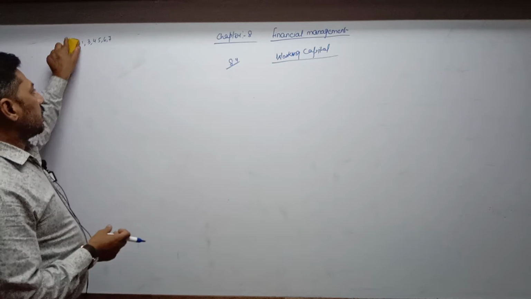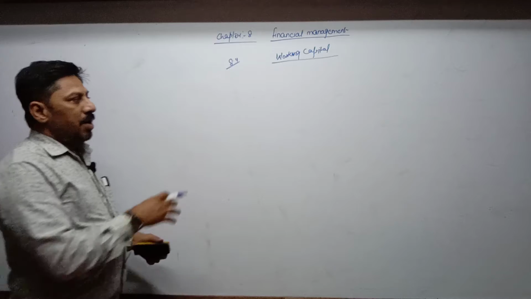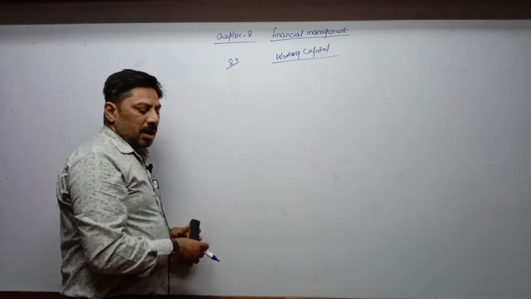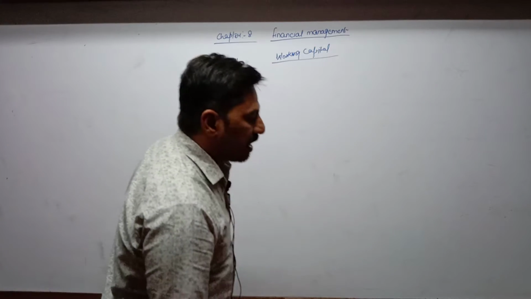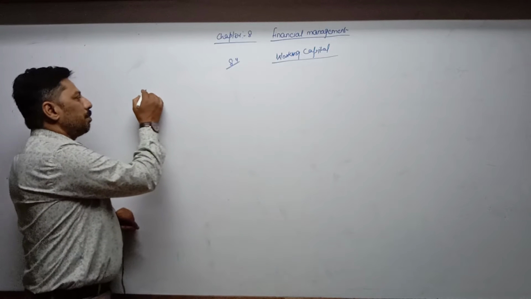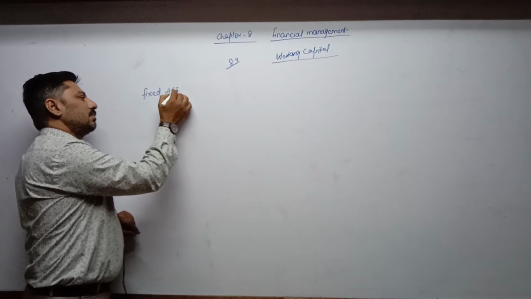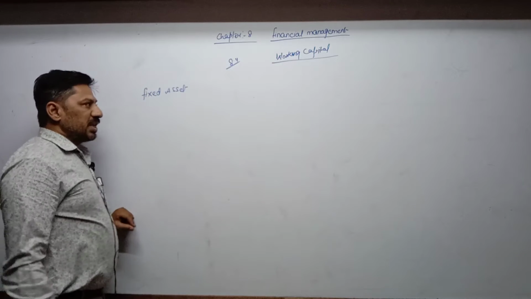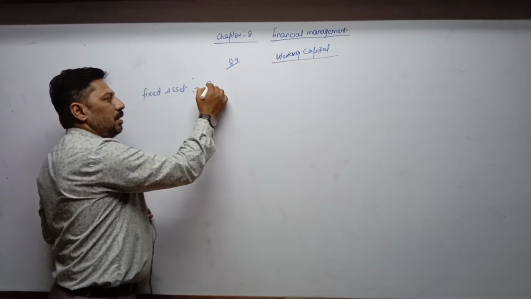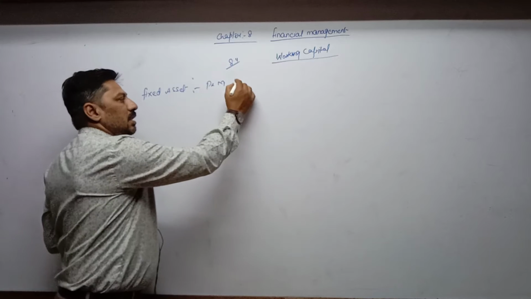So after arranging money from different sources, the company has to invest such money on purchase of fixed assets, like plant and machineries, land and building.